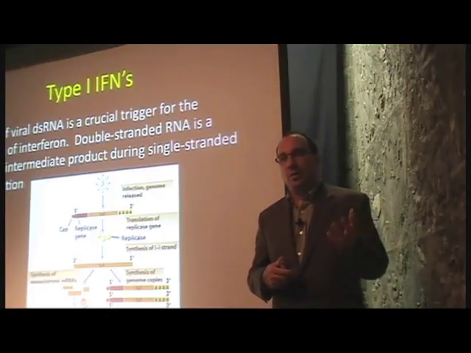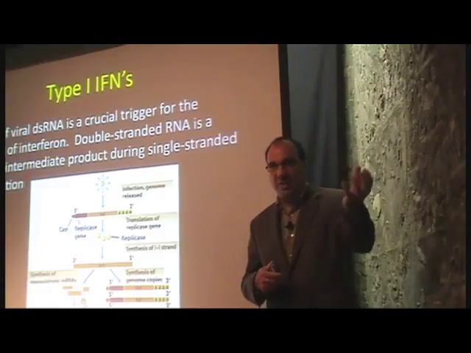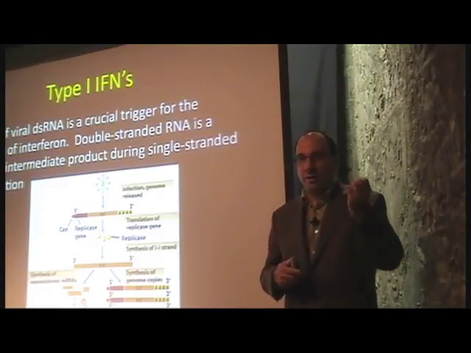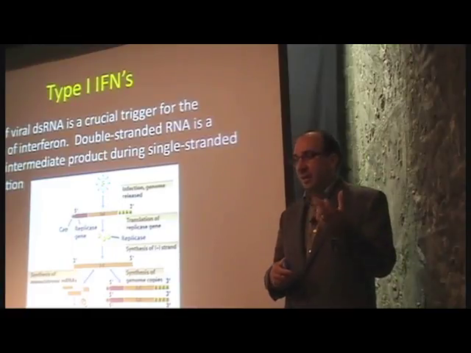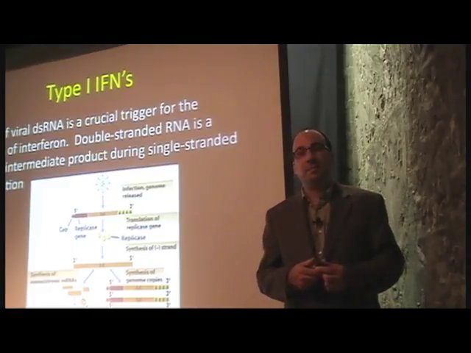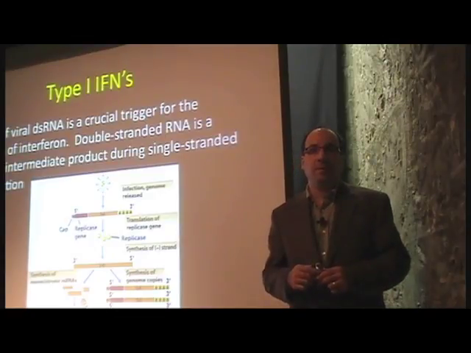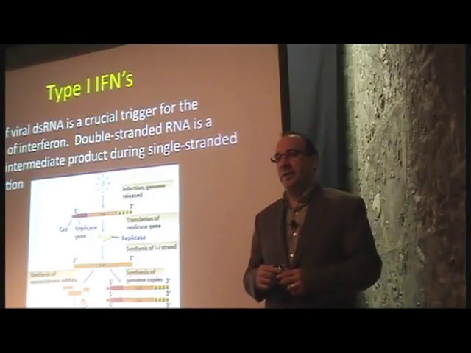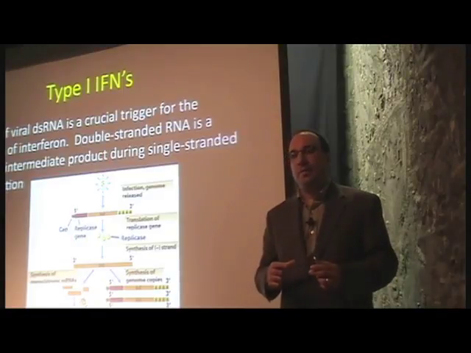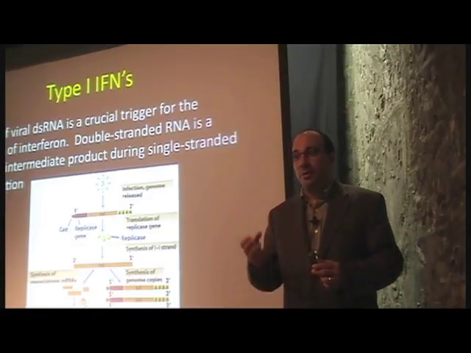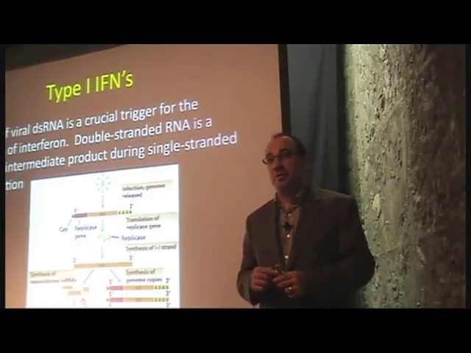So think about it. What normally happens in a cell is you have DNA transcribed to RNA translated to protein. So what you normally have in a cell is single-stranded RNA, the mRNA within the cell. So how do you get double-stranded RNA in a cell? Well, that happens primarily when a cell becomes infected with a virus.